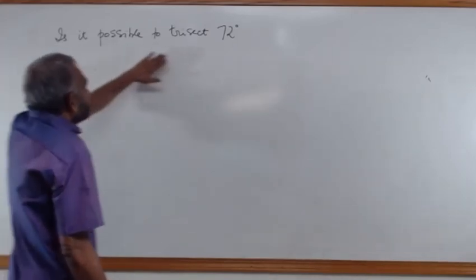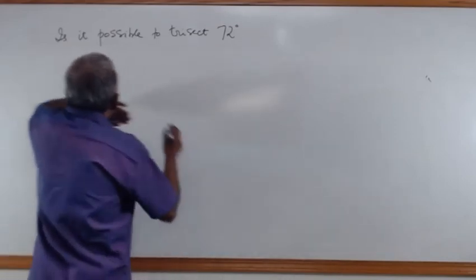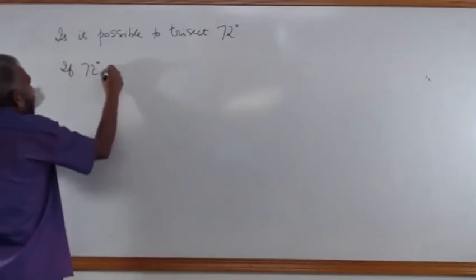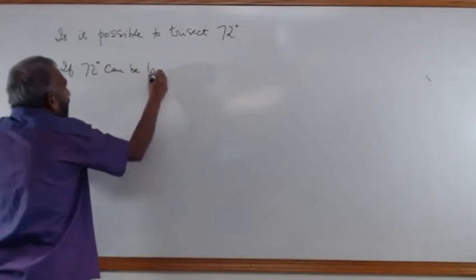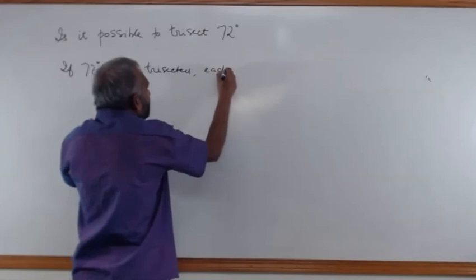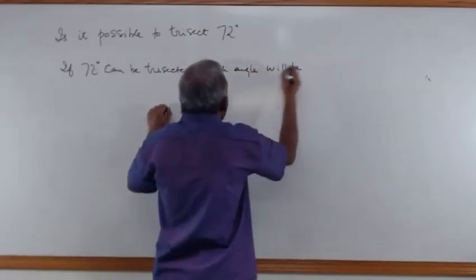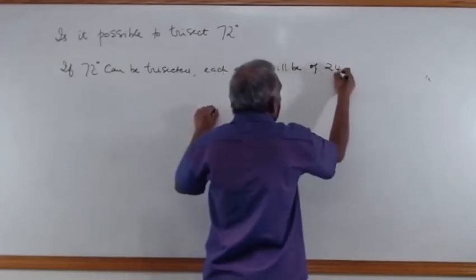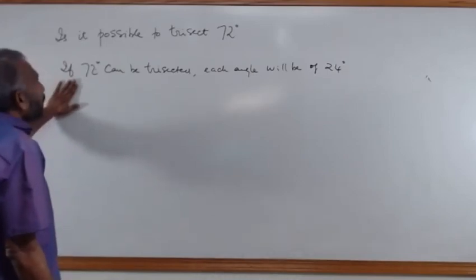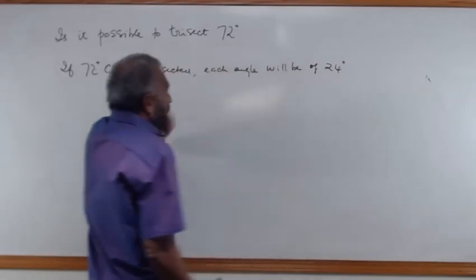So if you trisect this one, what will be each one? So if 72 degrees can be trisected, each angle will be of 24 degrees. So if you can construct an angle of 24 degrees, we are done.